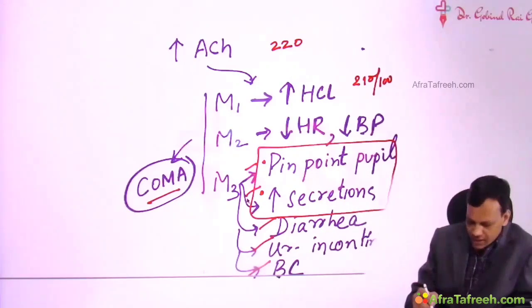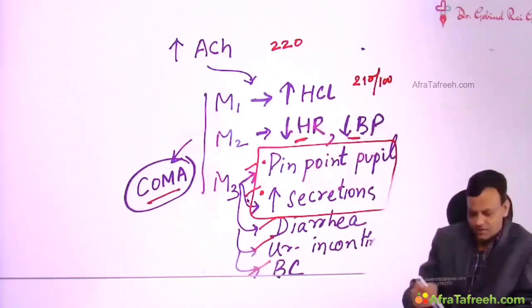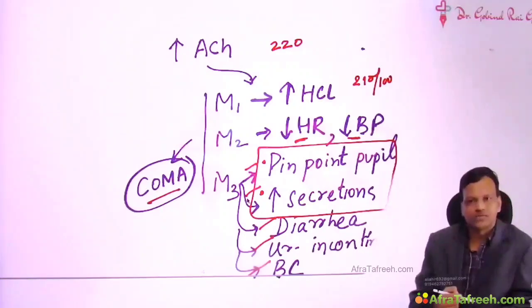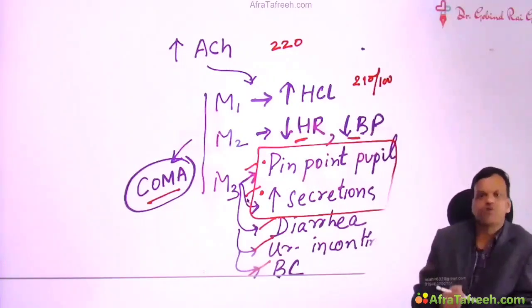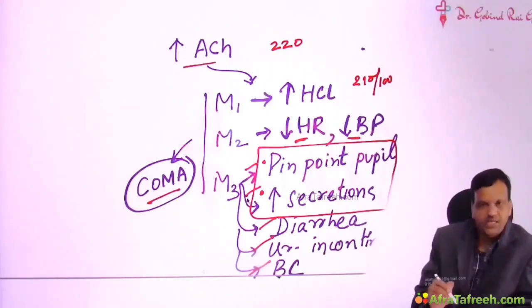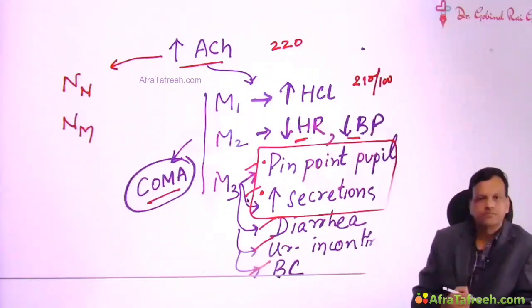That means instead of a decrease in BP and heart rate, there was an increase in BP and heart rate. All other features were like that only. The question asked was, what is the diagnosis? Diagnosis is still this poisoning only. Then why should BP and heart rate be low, but they are high? The reason is when acetylcholine increases, it not only stimulates muscarinic but also nicotinic receptors. So it can stimulate NN and NM receptors.